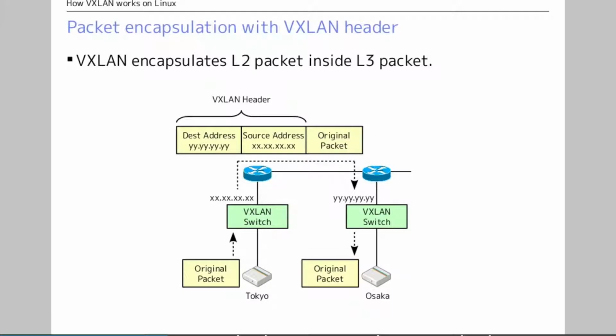And so here is how the VXLAN encapsulates a layer 2 packet inside a layer 3 packet, which by the way is the UDP packet.